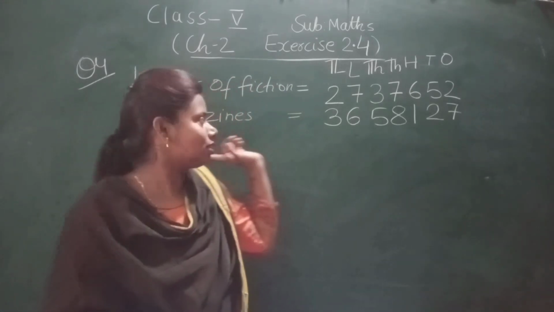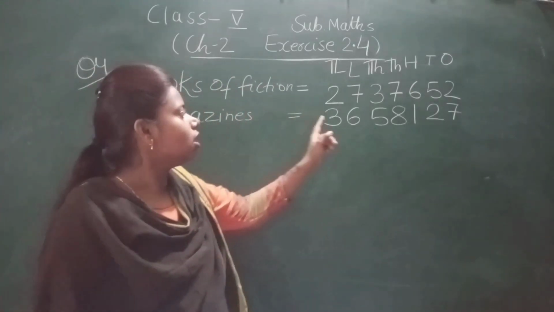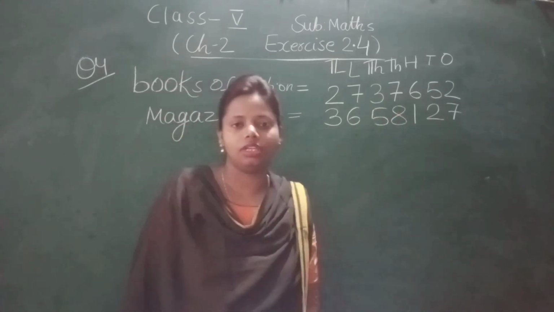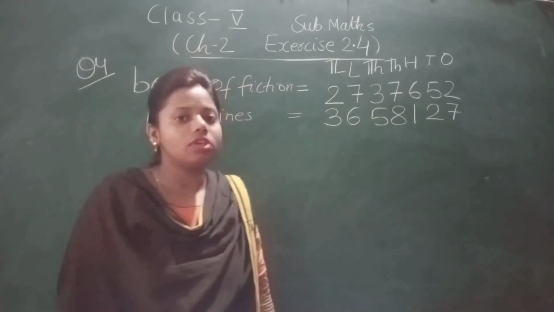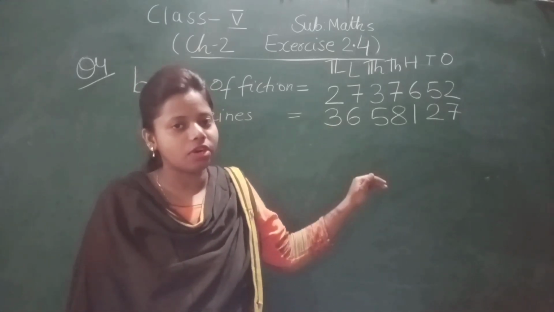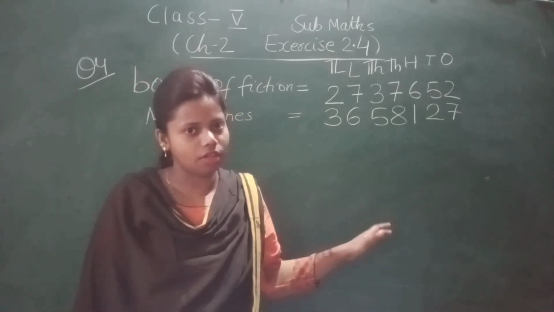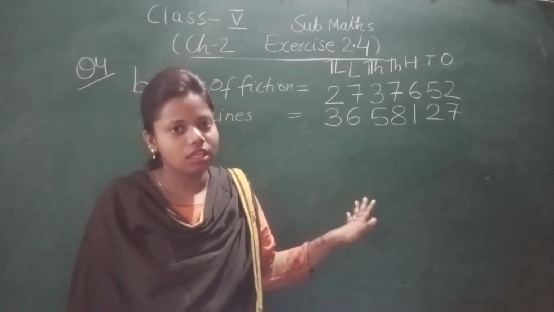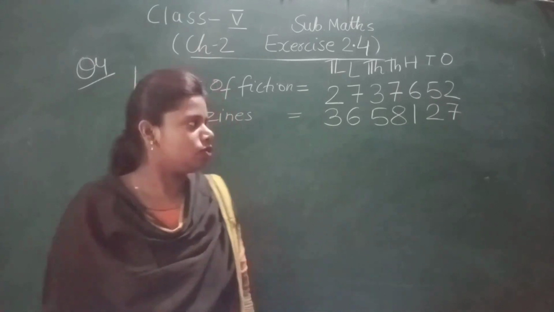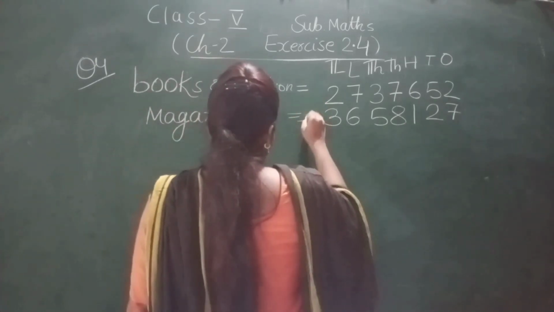So how many magazines are there? 36,58,127. Okay. First, what we will do? We will add these. After adding this, we will subtract from the total stock. How many books are there in total? We will subtract from there. Then we will get the number of reference books. So first we will add this.